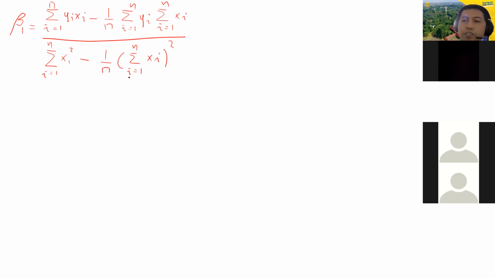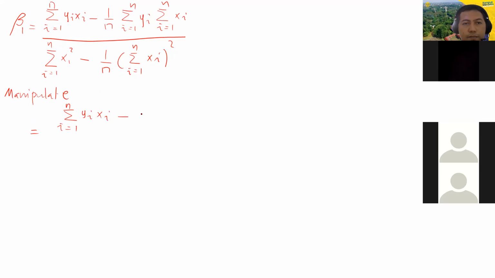Okay, actually this equation is nothing. All of the component you can compute from the data. So in this case, let's manipulate. The manipulation will be, this term is still the same, and y x_i.